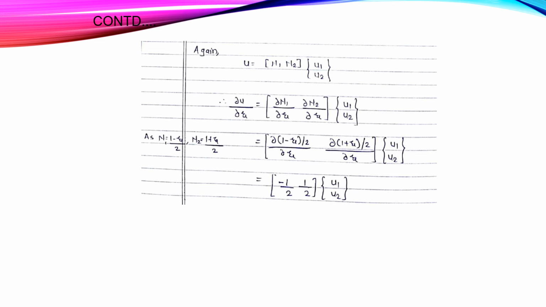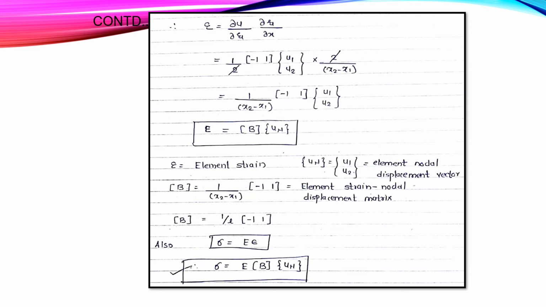Put the values of N1 and N2 and differentiate this equation partially with respect to zeta. So you will get minus 1 upon 2 and 1 upon 2, u1 and u2. So del u by del zeta is equal to 1/2 [-1 1] and [u1 u2] in matrix form.